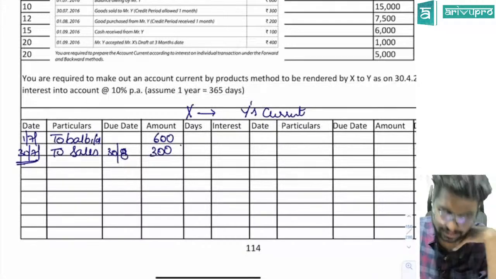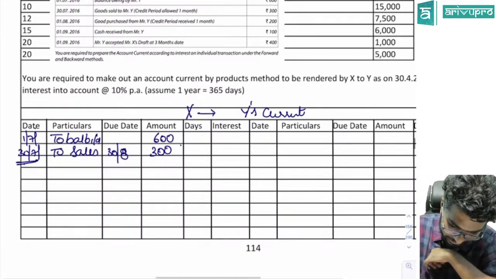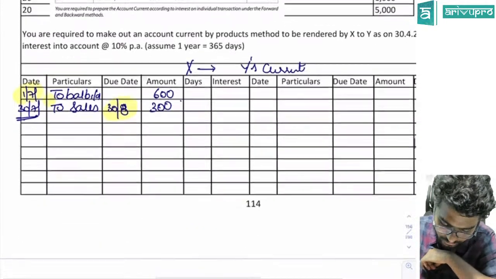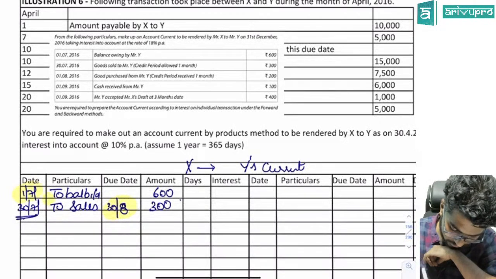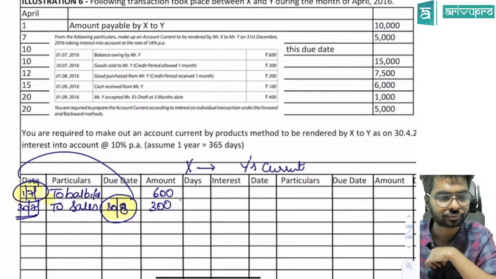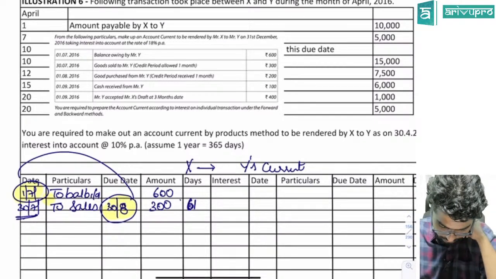Okay. Now guys, in the backward method, what happens is you find the date. In the forward I used to find the days from the closing date, but here I'll be doing the reverse of it. That is, I'll find from this date to this date how many days it is. So that will be 61 days.